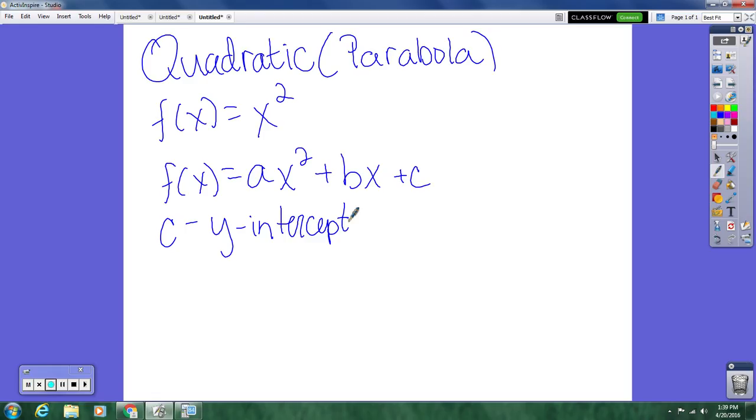Okay, so if it's not c, it's not b, then it must be a. So what do we know that a tells us? A does tell us something. What does a tell us?